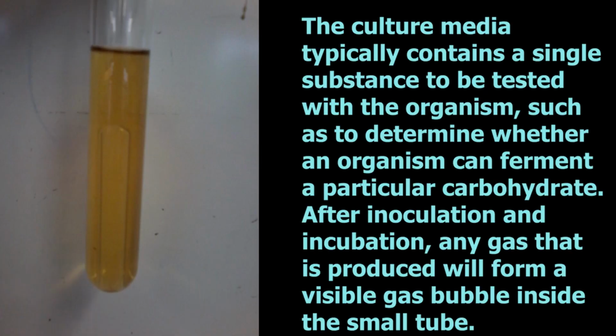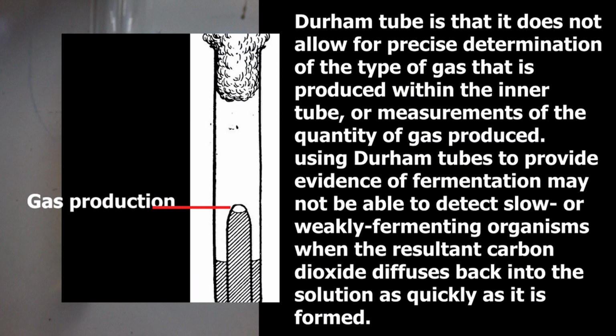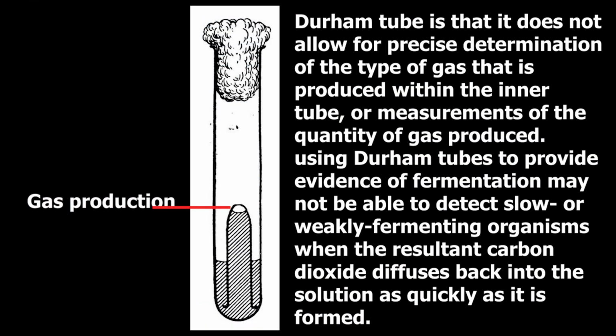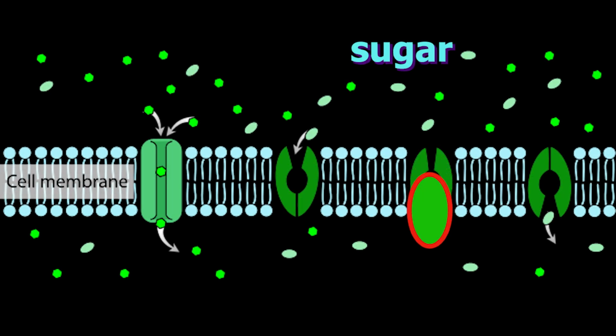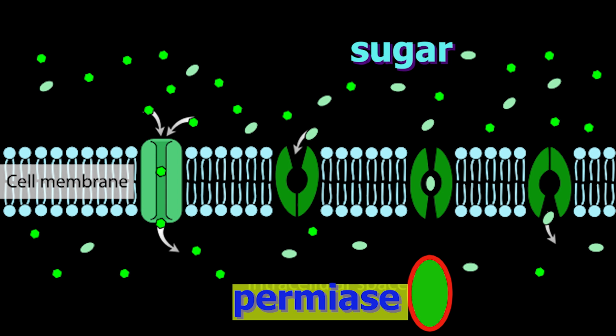Gas is detected using a carbohydrate fermentation broth into which small inverted Durham's tubes are placed. Even trace amounts of gas collected as bubbles under the Durham's tubes are detected. The bacteria fermenting the sugar must have the enzyme to allow the sugar to enter the bacterial cell and the concerned enzyme to ferment that particular sugar.